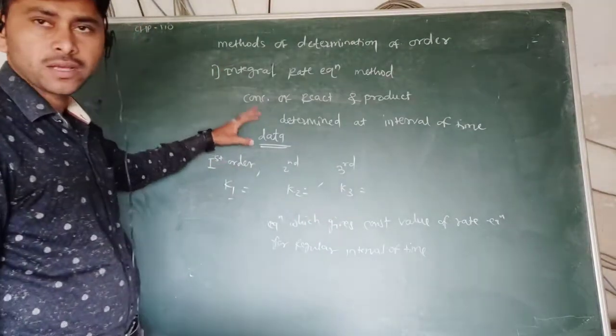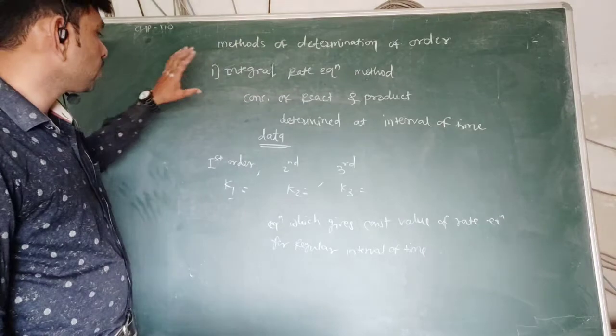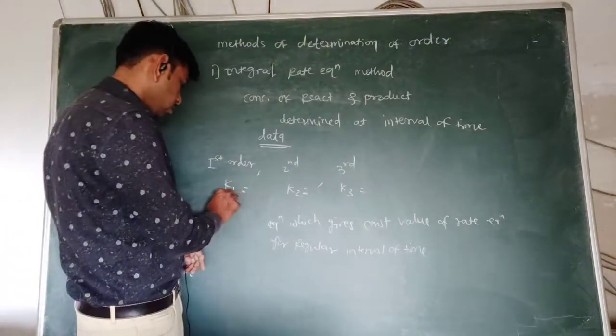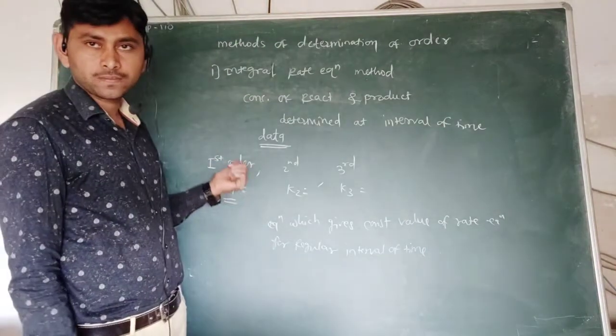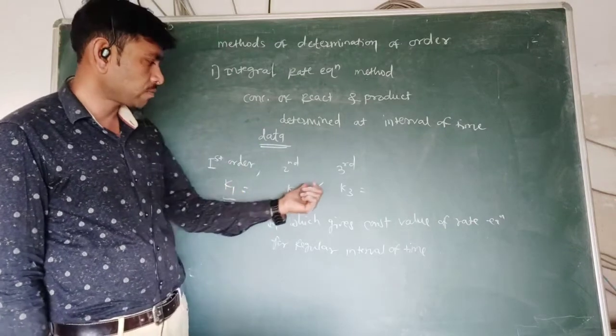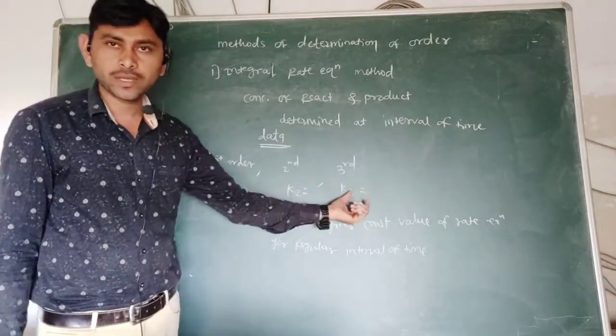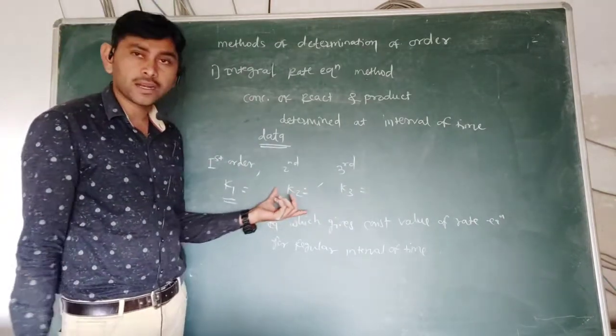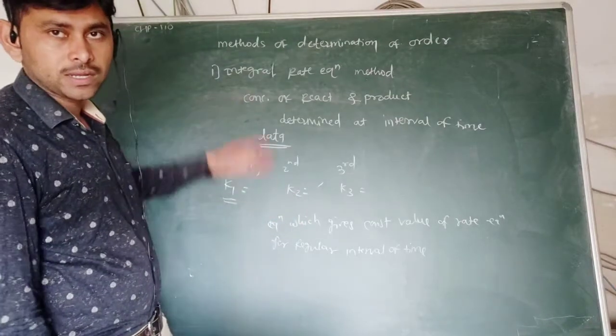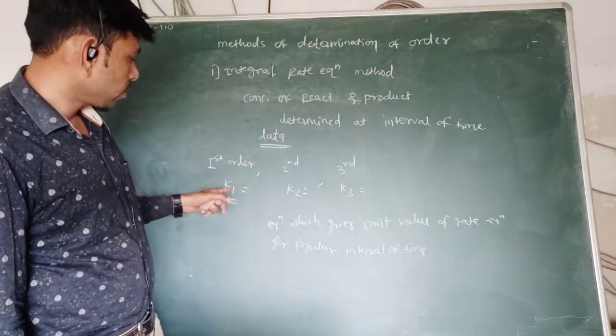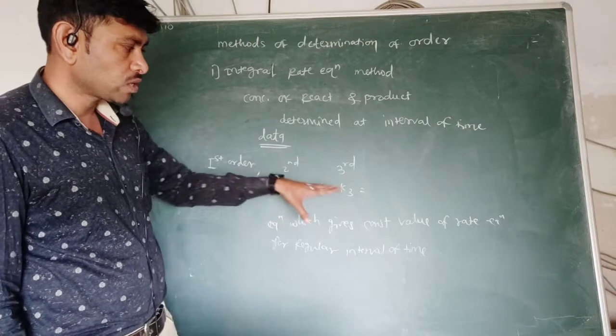So this is the first method, the integral rate equation method, in which we know the integral rate laws that determine the value of K1, K2, K3. We derived these integral rate equations in some recent lectures.